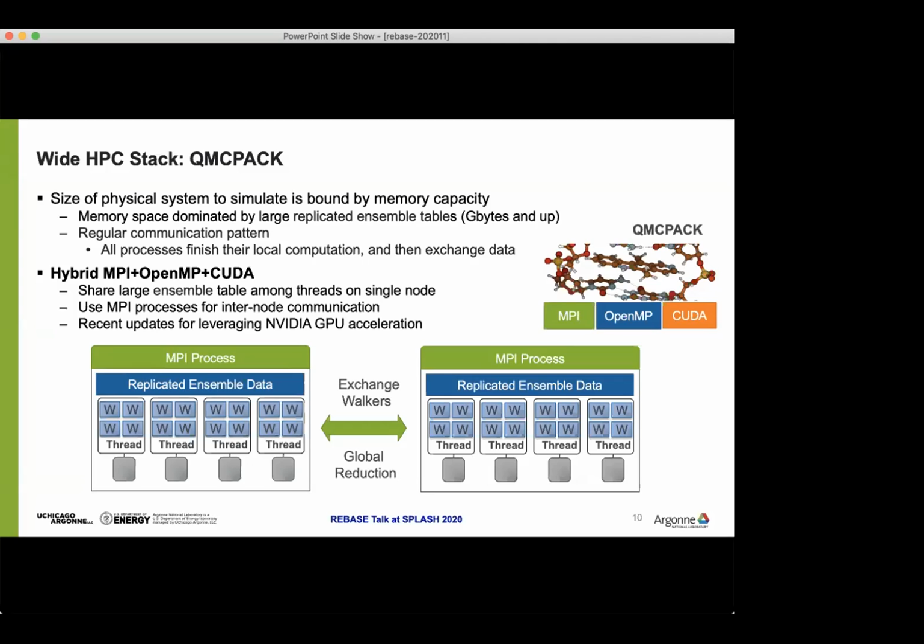But there are some challenges they are still addressing now. One example is how to put such large replicated ensemble tables onto the GPU memory system, because we already hit the problem on the CPU memory system. That's why it has only very limited support. But I'm not aware of where the code actually exists because I haven't used the CUDA part yet.